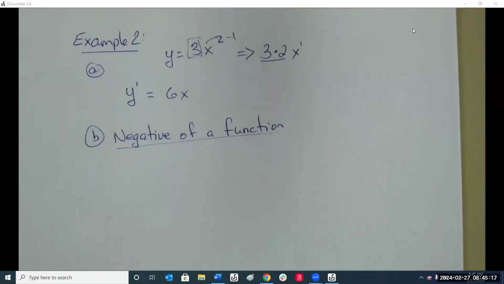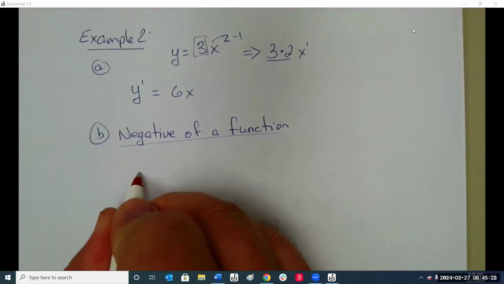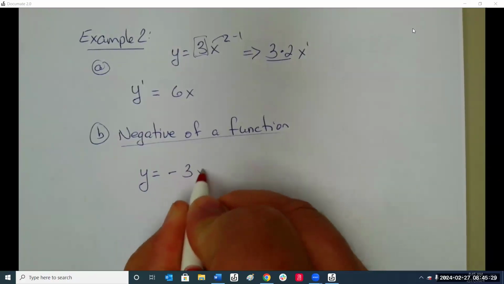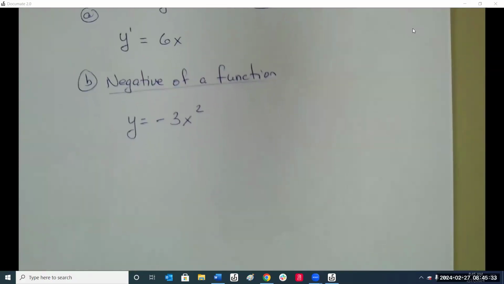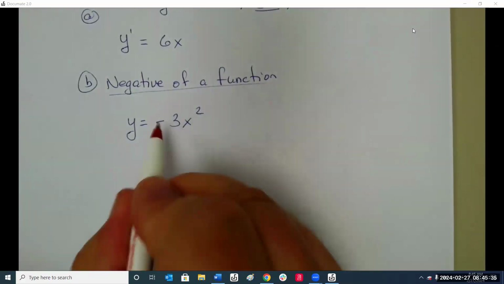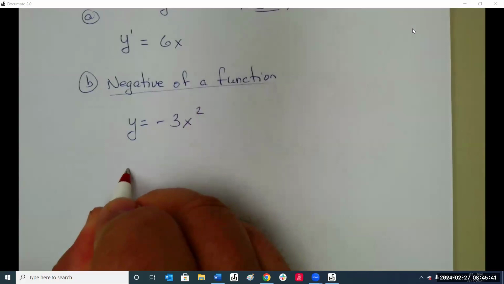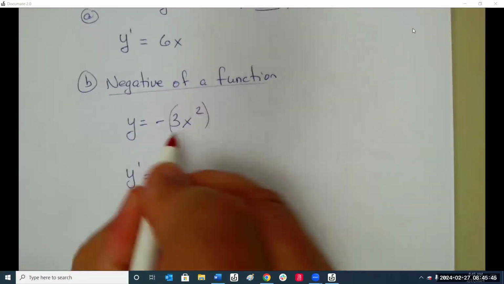Part B is just an example of saying the negative of a function. Basically, what this one's saying, if your leading coefficient is negative and you take the derivative, leave the negative out in front.